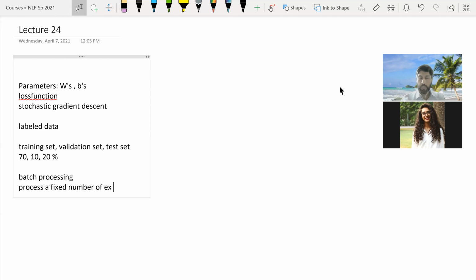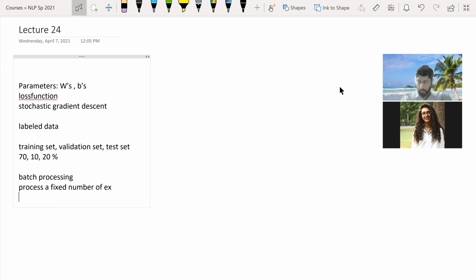What this means is you will feed forward 100 examples. You will aggregate the losses of all those examples and then apply the stochastic gradient descent and update the parameters after those 100 examples. So this is called the batch processing mode, and this is primarily done to speed up the processing. Of course, if you update after seeing each example, it might take even longer to train such deep networks with lots of parameters. Okay?